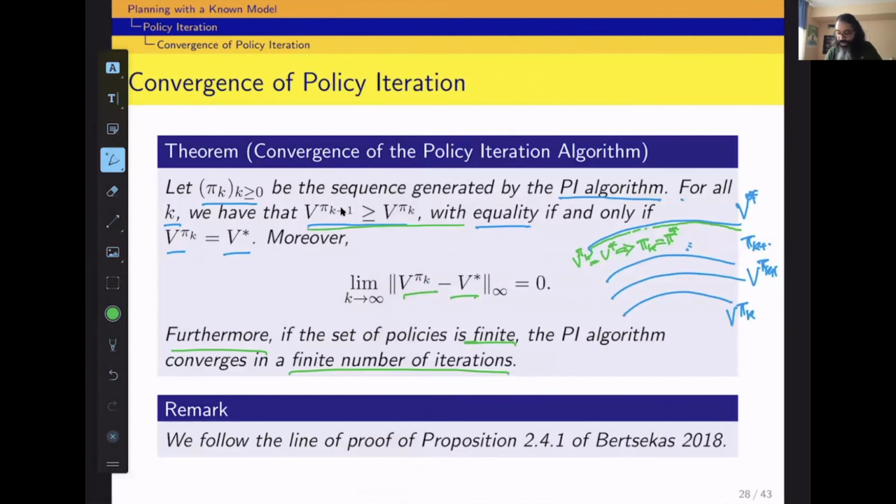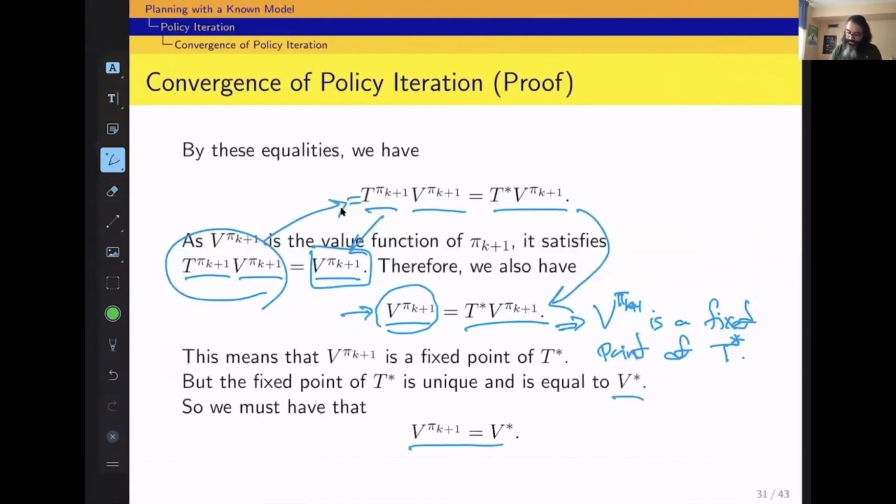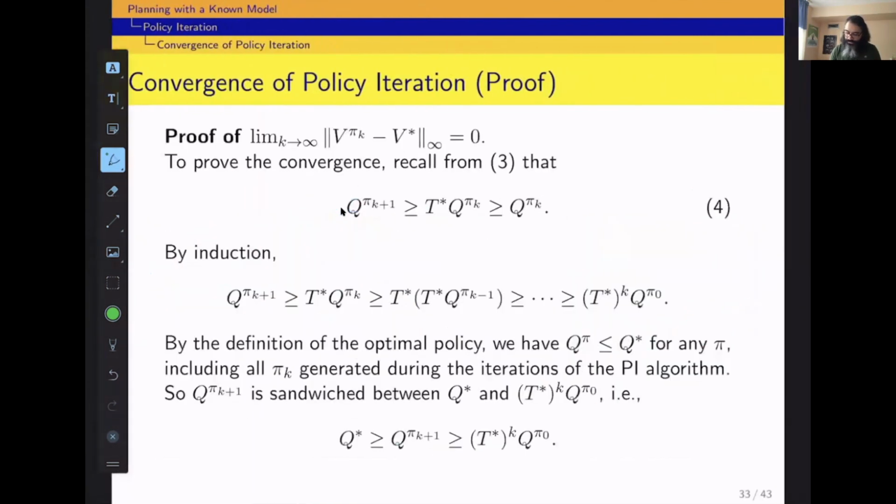So that we have V pi k plus 1 is greater or equal, and it's equal when we get to the optimal value function. Now we want to show that the distances between value functions are actually getting smaller. Okay, so from a few slides ago, we had that Q pi k plus 1 is greater or equal than T star of Q pi k, which is greater or equal than Q of pi k.